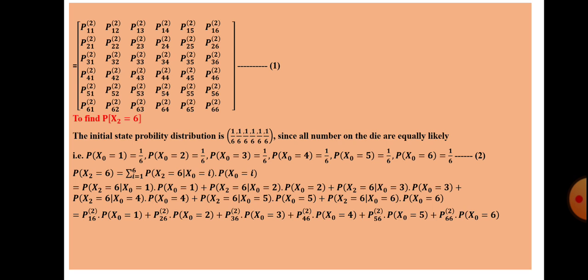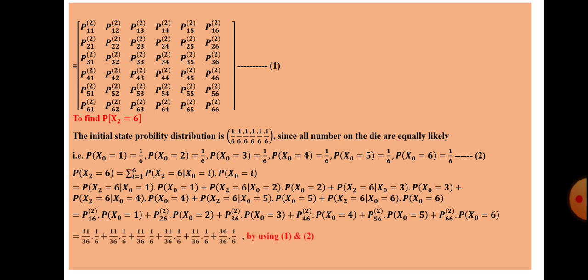In the suffix you have to look at the states: x2 equal to 6 is a state, x0 equal to 1 is a state. So you write it in reverse, P16 raised to 2 into P of x0 equal to 1, etc. Last one, P66 raised to 2 into P of x0 equal to 6.